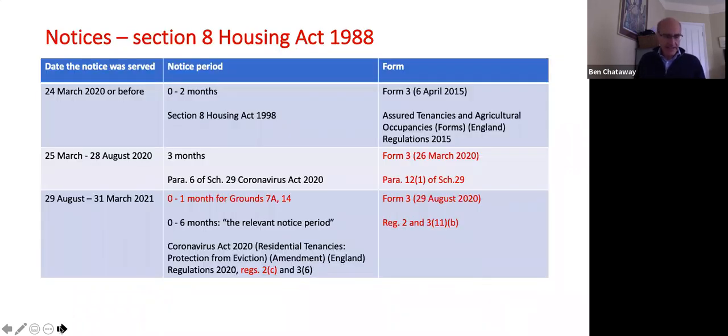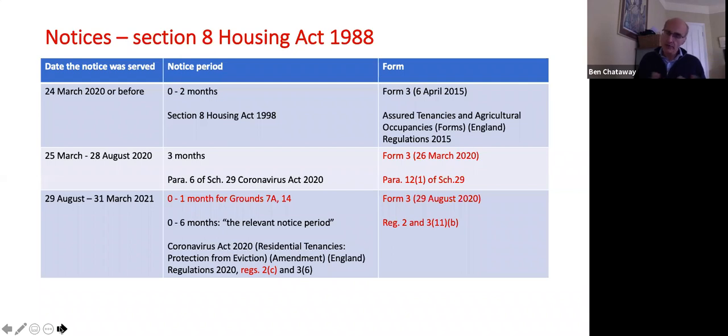So that's Section 21 notices. What about other forms of notice? Well, this table, as you'll see, deals with Section 8 notices. So in other words, you've got an assured tenant, and there's some other ground for possession.